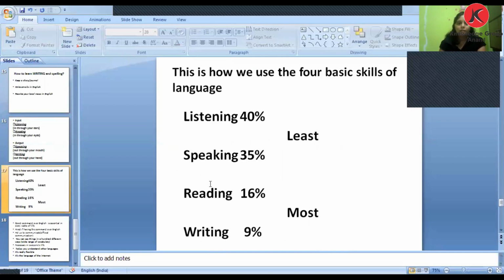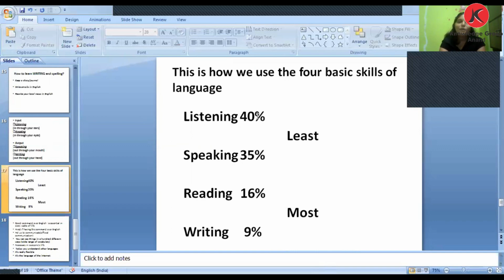Now look at here. This is how we use our four basic skills, right? So listen, most probably we are using reading skill at 40%, writing skill at 30%, speaking skill at 9%, and listening skill at 16%.